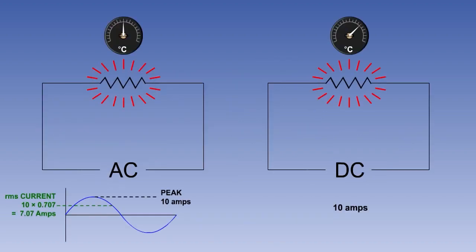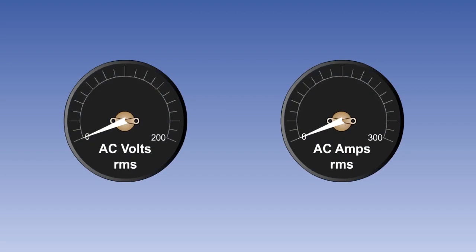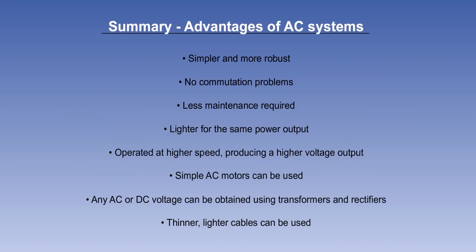In our earlier example, the AC with a peak value of 10 amps has an RMS value of 10 multiplied by 0.707, or 7.07 amps, which explains why it produces less heat than the 10 amp DC current. Most AC supply values are given in RMS terms. Ammeters and voltmeters measuring AC are normally calibrated in RMS values.